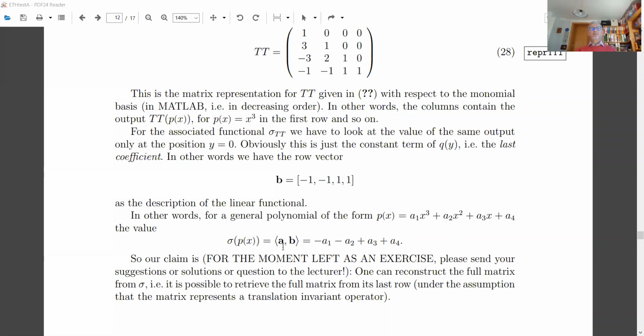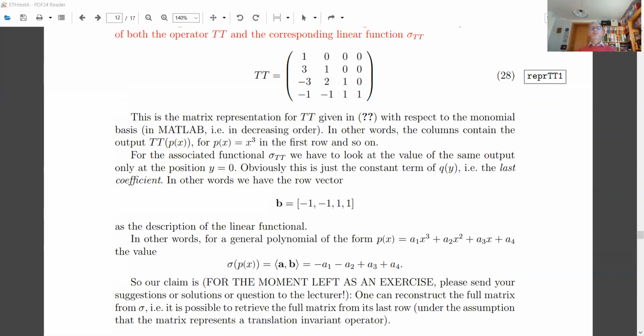So the answer is the scalar product of these coefficients with B, which is minus the first, minus the second, plus 1 times A. So it's very simple.